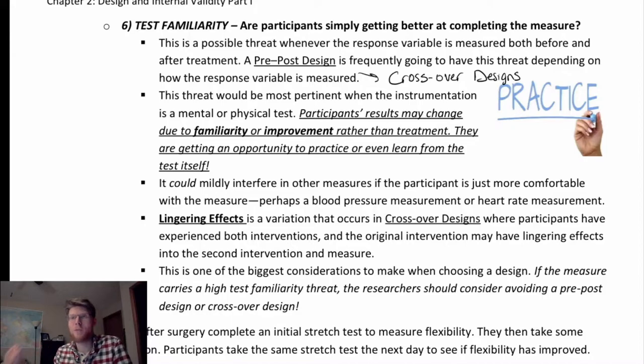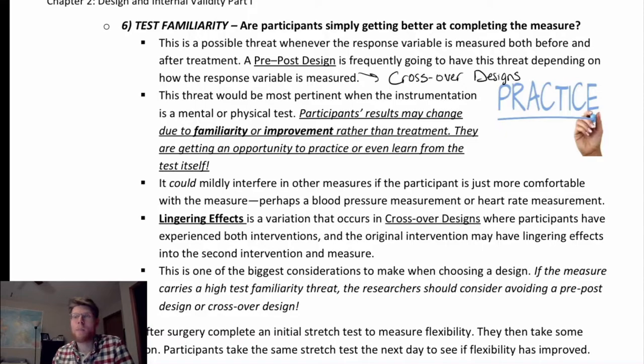So to some degree that is not an issue. But whenever I have people taking the same measure more than once, whether it be an identical measure or a super similar measure, I might have a test familiarity threat to keep in mind.